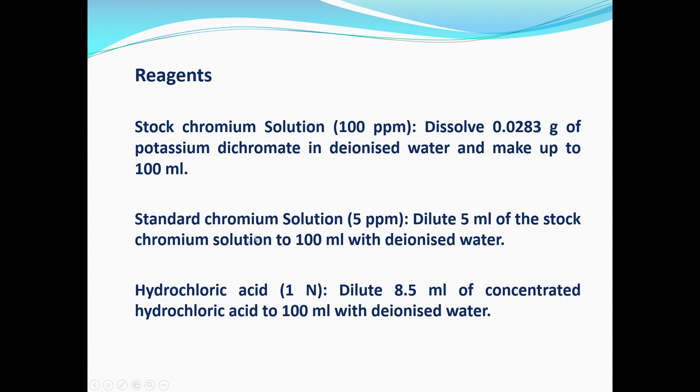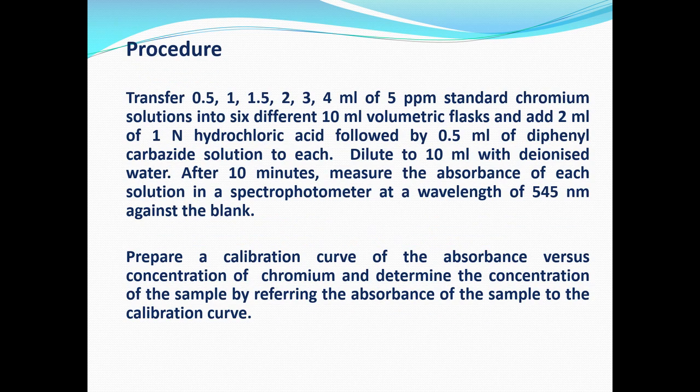Then we can prepare the standard working chromium, that is 5 ppm. You dilute 5 ml, that is about 20 times dilution, and hydrochloric acid we need about 100 ml, so one normal should be more than enough. The procedure is to transfer up to 5 ppm into a 10 ml volumetric flask and add 2 ml of hydrochloric acid, followed by 0.5 ml of diphenyl carbazide solution to each.